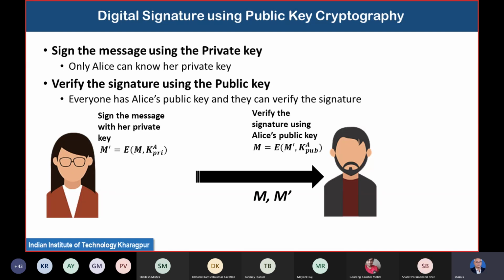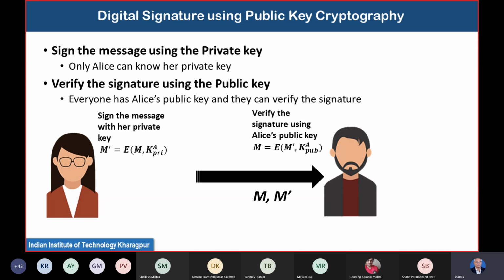See, encryption using public key cryptography is computationally expensive, which we have not yet mentioned. So it is not trivial to encrypt very large messages with public keys, both encryption and decryption.